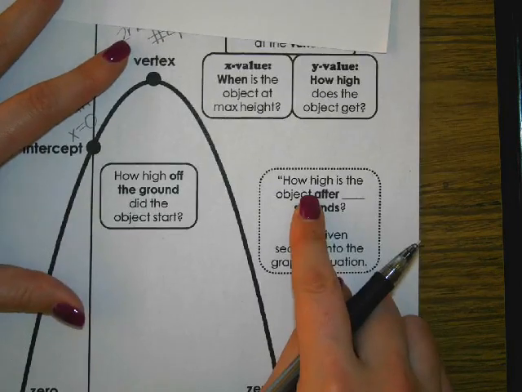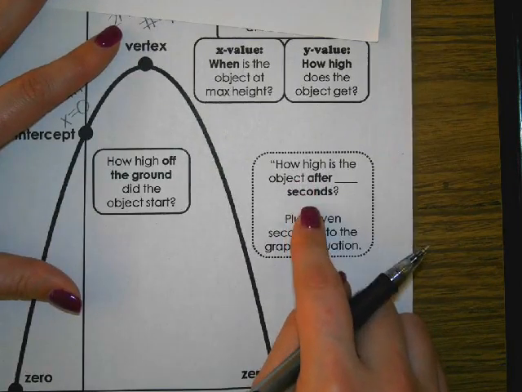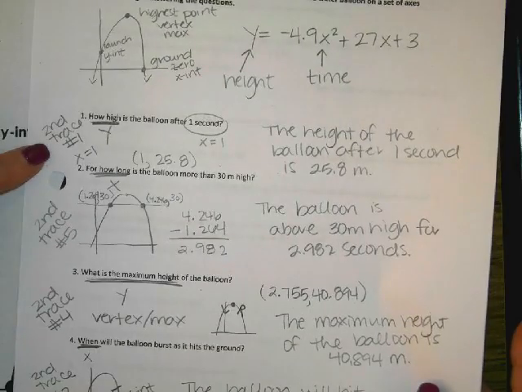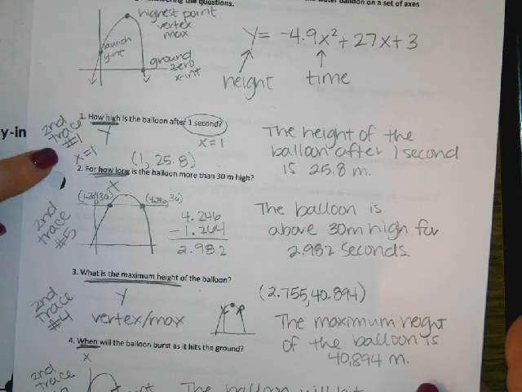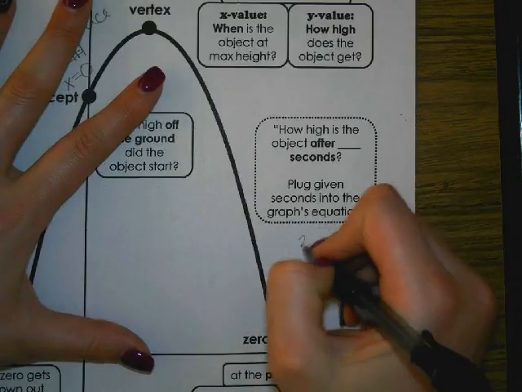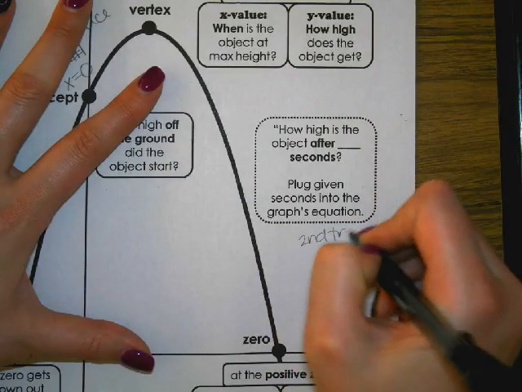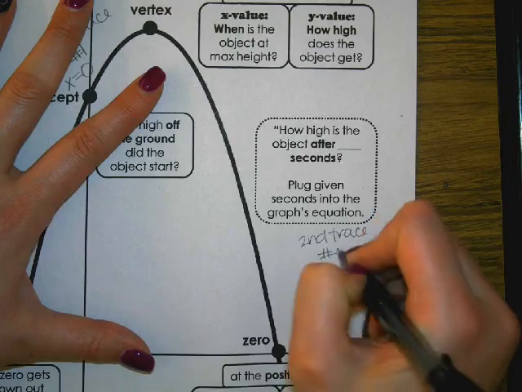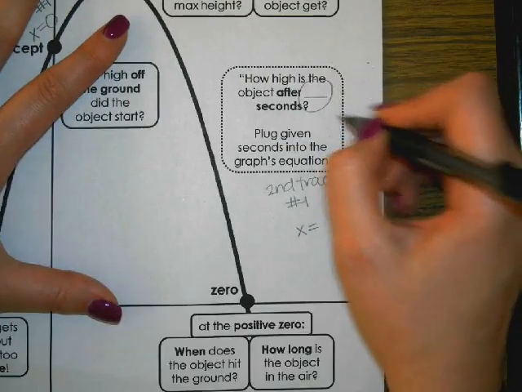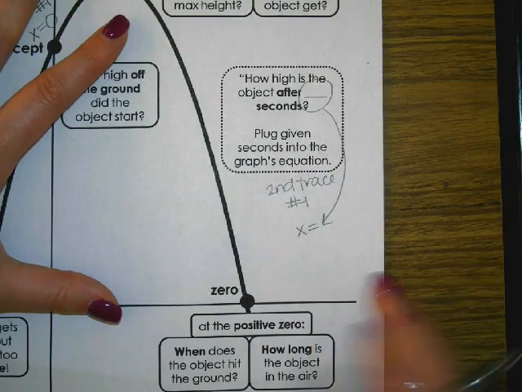If they're asking you a question like, how high is the object after a certain number of seconds? That's like number 1. So we're going to do second trace number 1 again, but you just plug in whatever the number is that they gave you for time. So here I'm going to write second trace number 1, and then x equals however many seconds they ask you to do.